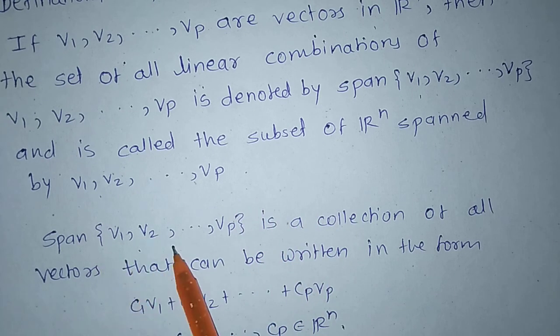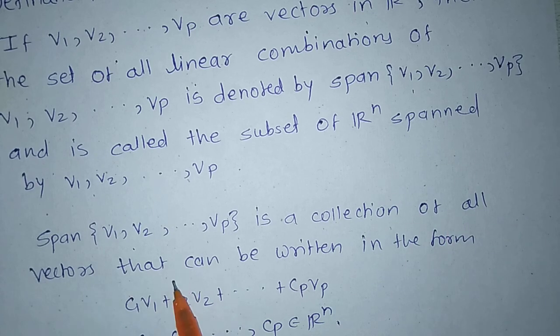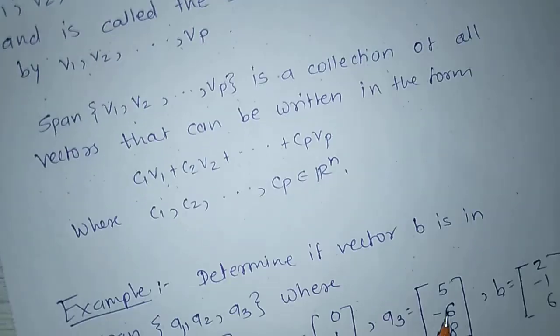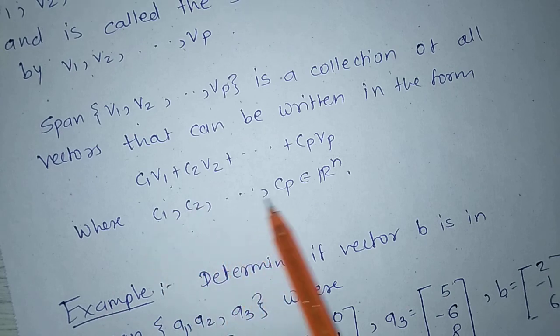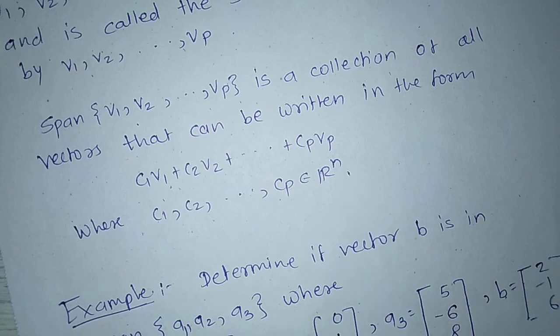Span of v1, v2, and so on up to vp is a collection of all vectors that can be written in the form C1 v1 plus C2 v2 plus and so on plus Cp vp, where C1, C2, and so on up to Cp are constants belonging to R.